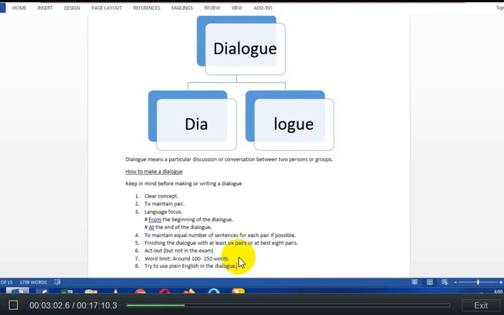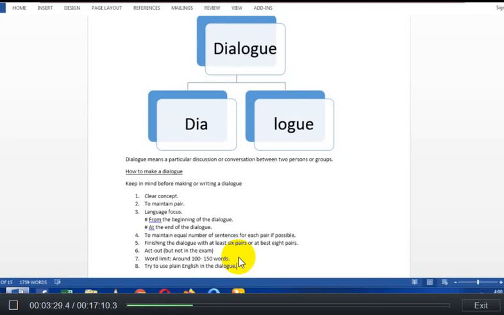Number 5, finishing the dialogue with at least 6 pairs or at best 8 pairs. That means whenever we write a dialogue, we must keep in mind to finish the dialogue at the minimum of 6 pairs.